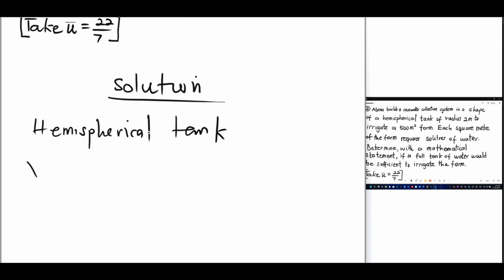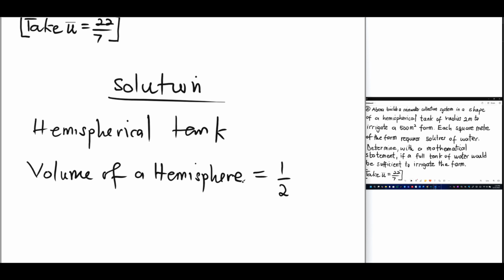So the volume of a hemisphere is half of the volume of a sphere. We know that half of the volume of a sphere will give us the volume of a hemisphere, because half of a sphere is called a hemisphere.